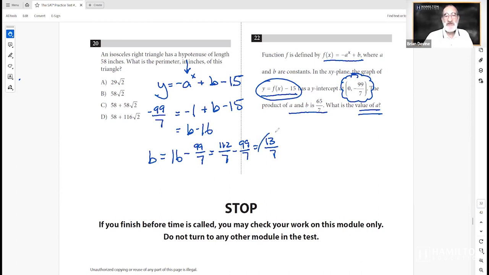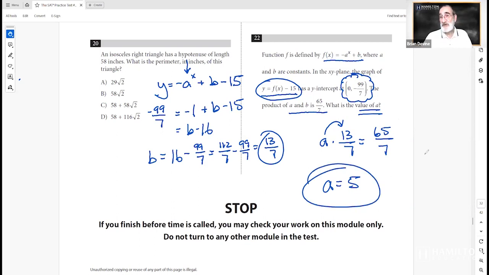So if b is 13 over 7, I know that a times 13 over 7 has to equal 65 over 7. And in order to get that, I would have had to multiply this thing by 5. So a has to be 5. But I could have taken the reciprocal of 7 13ths and multiplied both sides, and I would have still gotten 5. 65 over 13 is 5. And you're done with the first part.